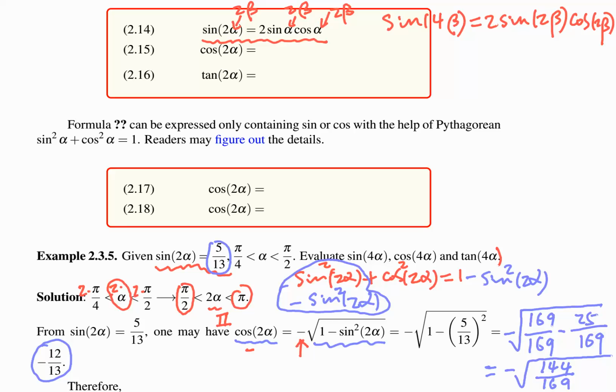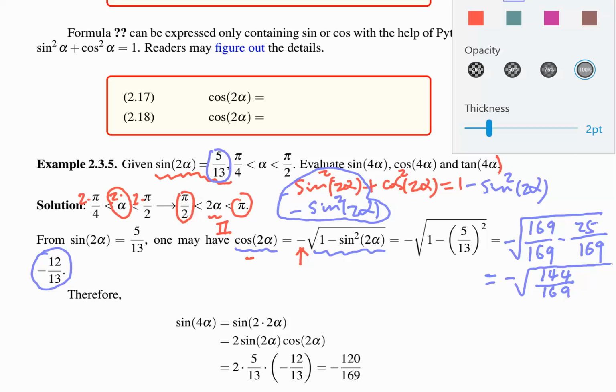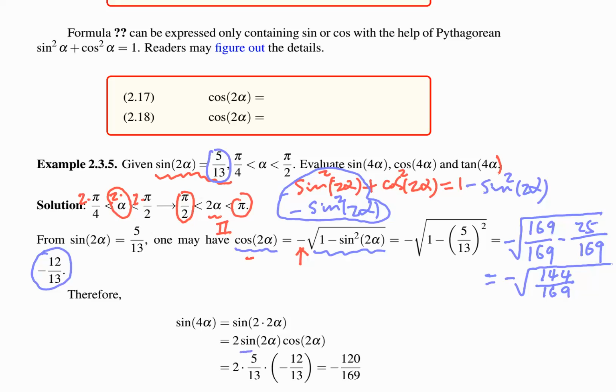Okay, so here then we have 2 times sine 2 alpha cosine 2 alpha, and we know those two values. One is sine 2 alpha, which is given again, so you put it right here.